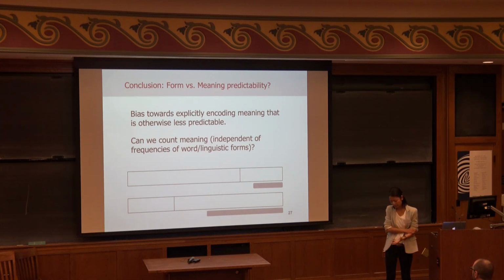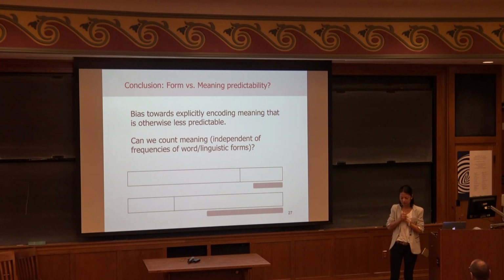When you make a theory where one is guiding the other, one is conditioned on the other, we want a way to independently assess what they are. Otherwise, it gets circular easily. So we want some measure of meaning predictability, meaning frequency, but we don't know whether it's possible, whether it's meaningful. That's the question.